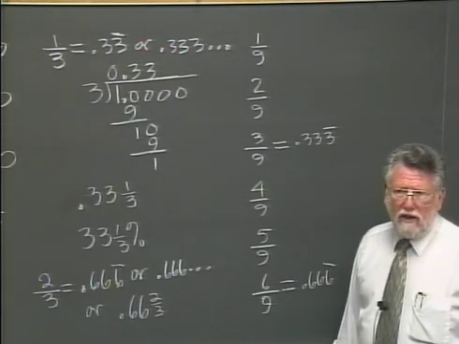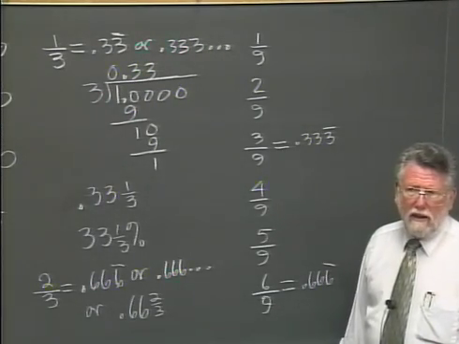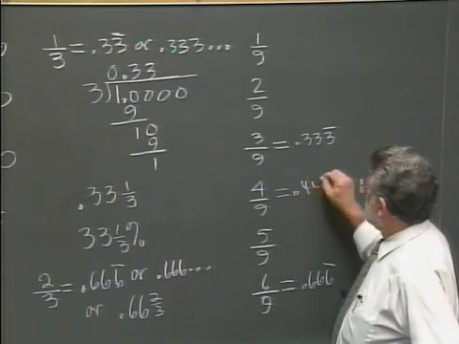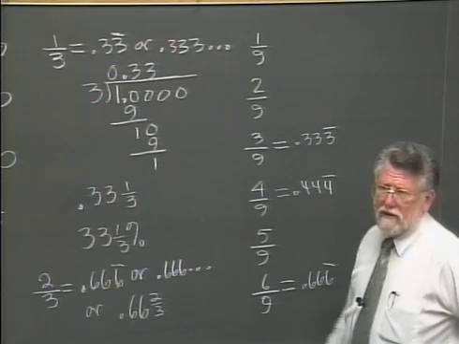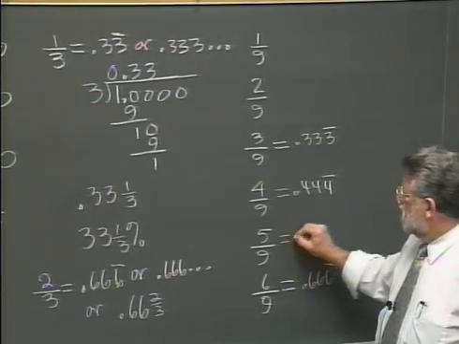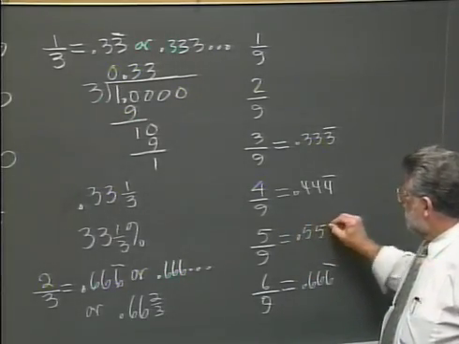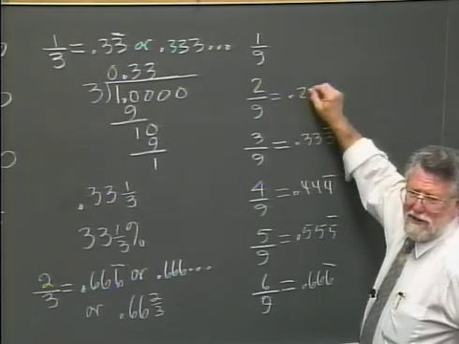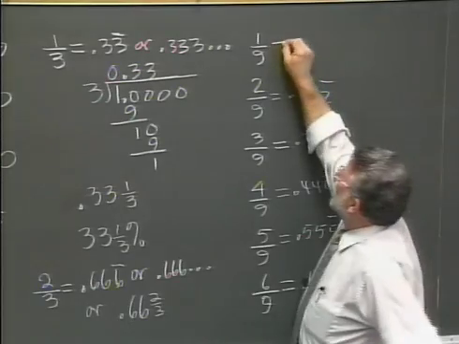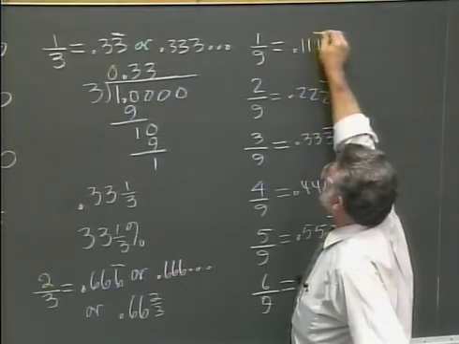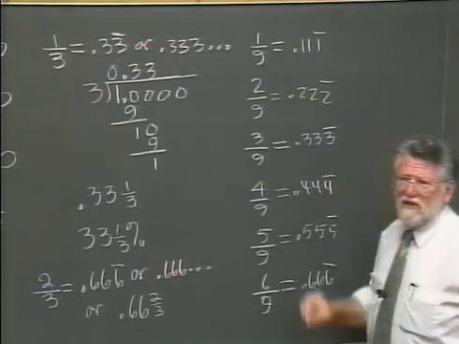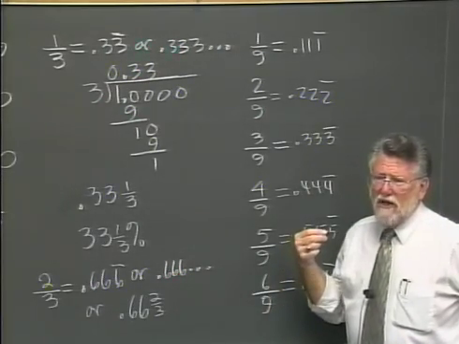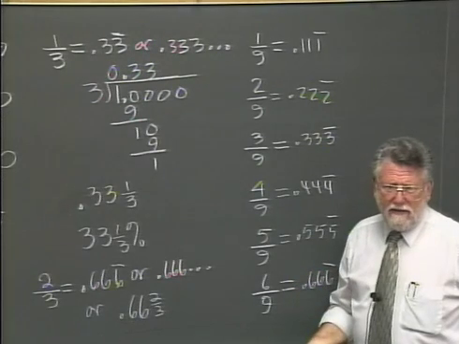The numerator is going to repeat, correct? So that says that if I had 4/9, I would expect to see nothing but 4's. 5/9, nothing but 5's. 2/9, nothing but 2's. 1/9, nothing but 1's, right? So if I kick this down, 7/9 is nothing but what? 7's. 8/9 is nothing but 8's. What's 9/9?